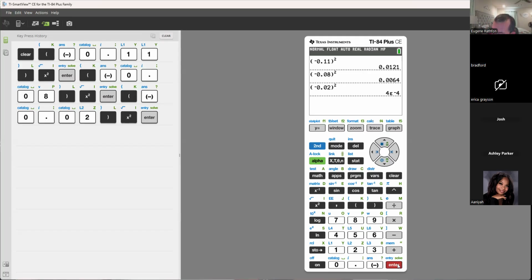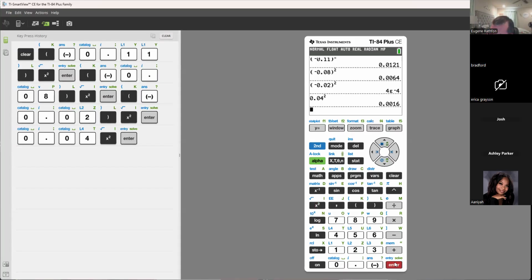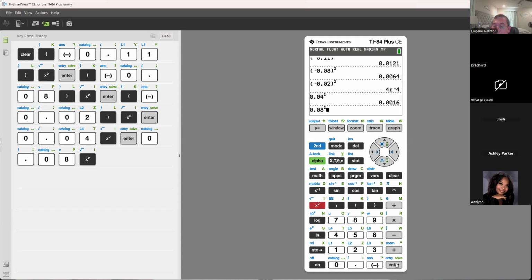All right, y'all, next I had 0. Well, 0 squared is 0. So after that, I had 0.04 squared. That gave us a 0.0016. All right, next was a 0.08. We square that.